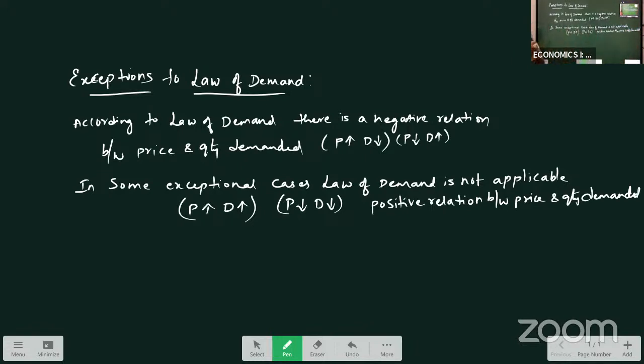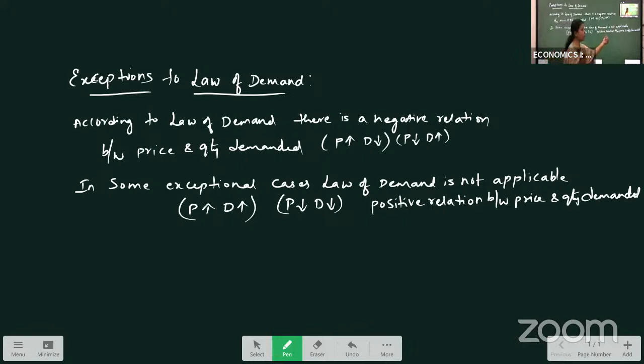So you can see what I'm explaining here. In some exceptional cases, our law of demand is not applicable, right? What was explained in our law of demand? When price increases, demand decreases, a negative relation. But in certain exceptional cases, this law is not applicable. When price increases, our demand will not decrease. It may increase. When price decreases, our demand also decreases. So there exists a positive relation between price and quantity demanded.